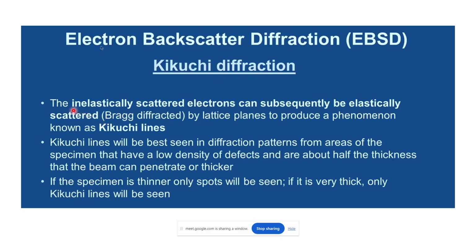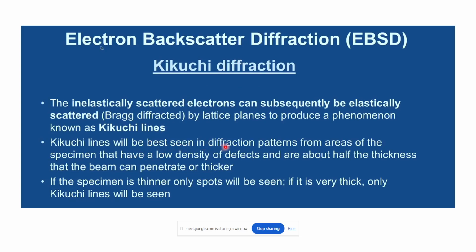Kikuchi lines are basically the inelastically scattered electrons which can subsequently be elastically scattered by the lattice planes to produce the phenomenon known as Kikuchi lines. So firstly the electrons undergo inelastic scattering, and then elastic scattering, and the resultant of these two gives us the Kikuchi lines, which have two parallel lines, one with a very light color and the other with a dark color.